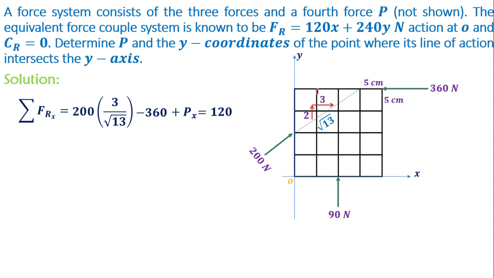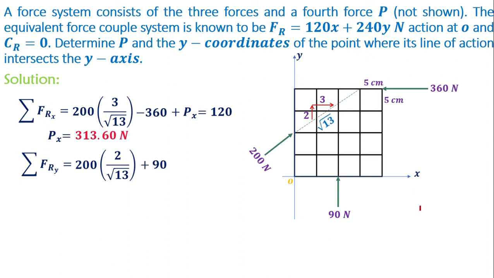So, Px is 313.6. Next, Py. We have here 200, 2 over square root of 13, plus 90, plus Py equals 240. Ito kasi, remember, tandaan nyo ha, may x and y component yan.